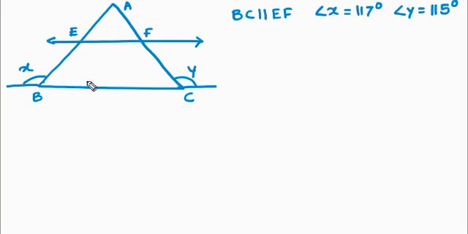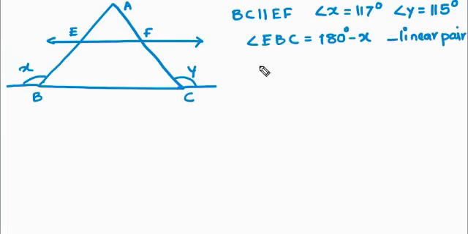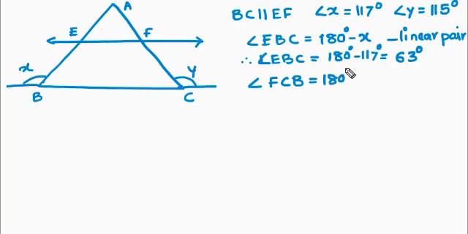Now, because EF is parallel to BC... because it is a linear pair, so angle EBC is equal to 63 degrees. In a similar way, angle FCB is equal to 65 degrees.